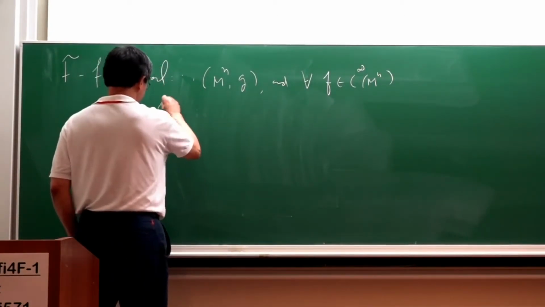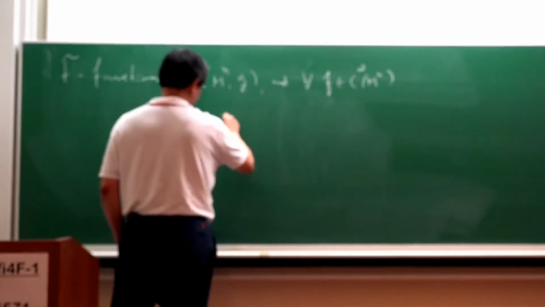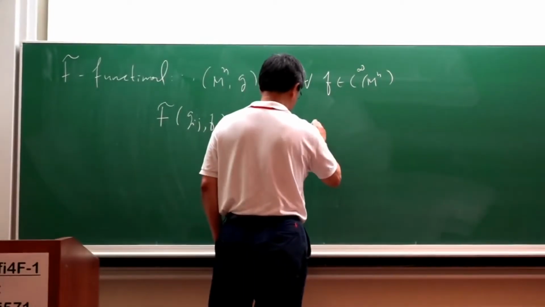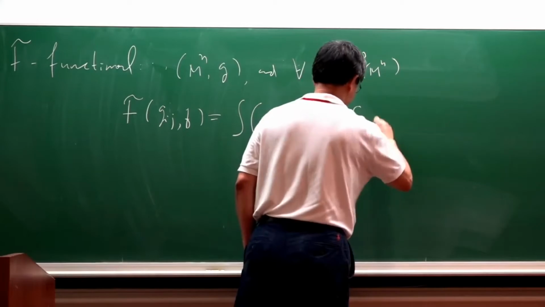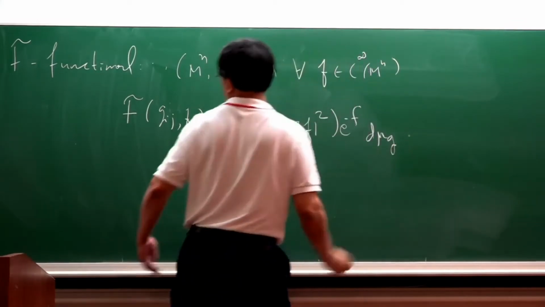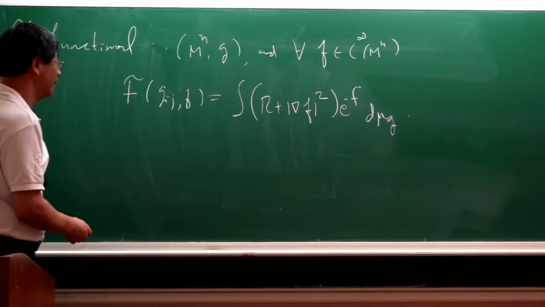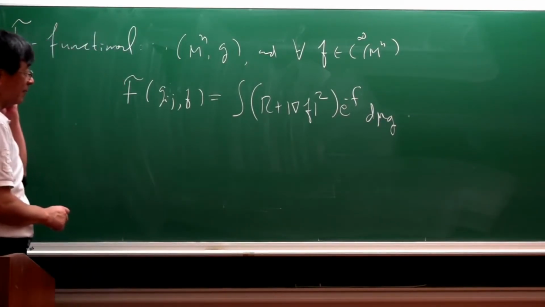Consider the F functional: you have a metric G, and F is the integral of the scalar curvature plus gradient of f squared, times e to the minus f d mu g. That's well known. This appears in string theory.